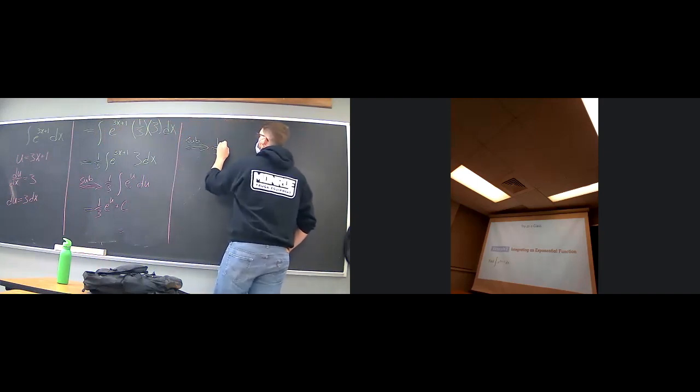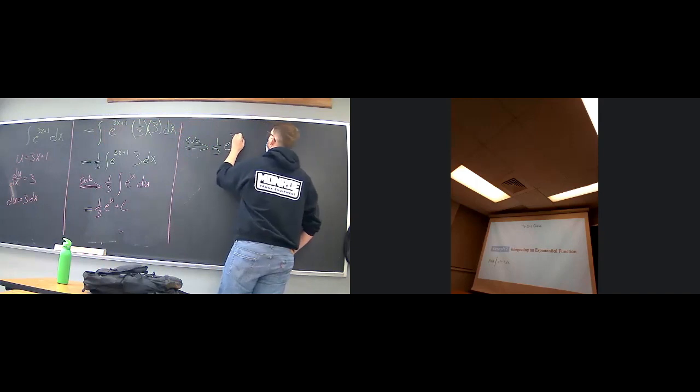Now we can apply u sub, right? Substituting everything in, we get 1 over 3, the integral of e to the u du, which is going to come out to be 1 over 3 e to the u plus a constant. So subbing everything back in, we get 1 over 3 e to the 3x plus 1 plus a constant.